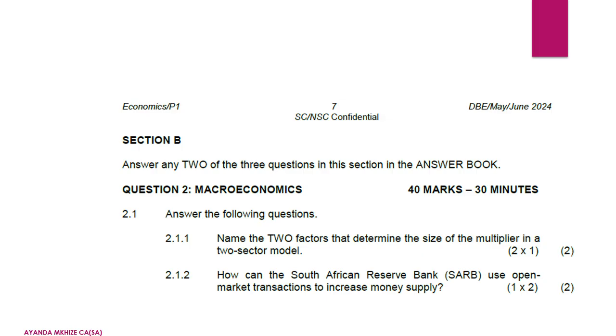How it works, SARB takes their money and buys the bonds or any security from the bank. Now that the banks have more money, they are able to lend to the public, either in the form of personal loans, car loans or even houses. In that way, there will be more money available to the public. Obviously, we're still going to look at the solution and see whether we are correct by saying that.